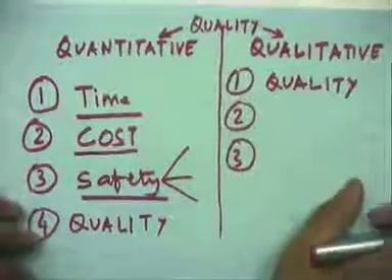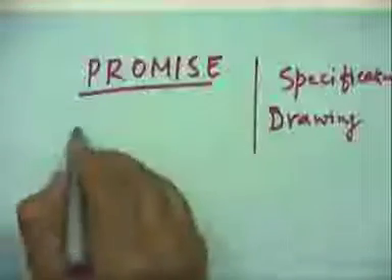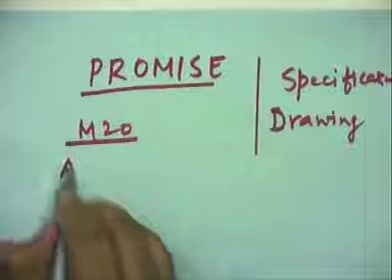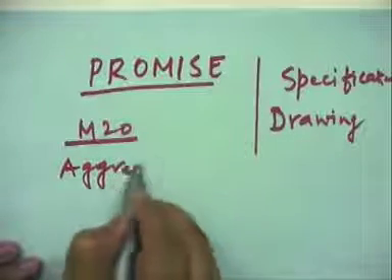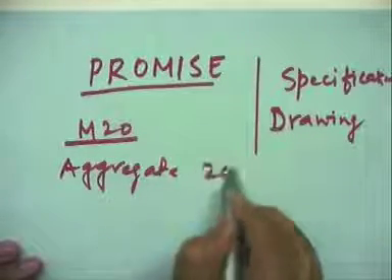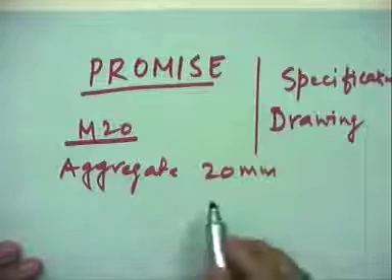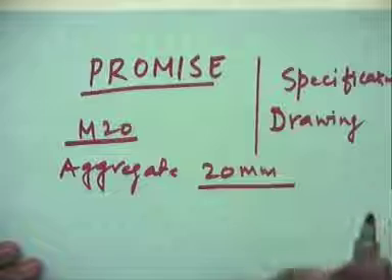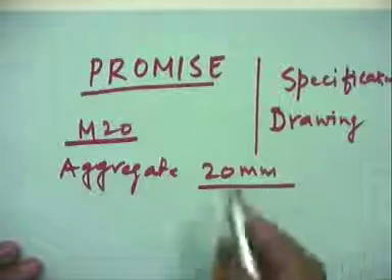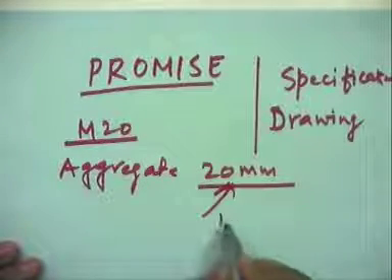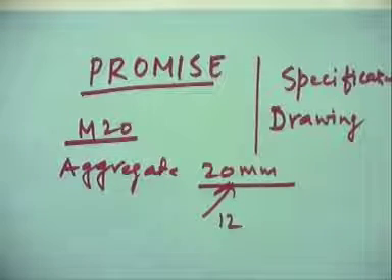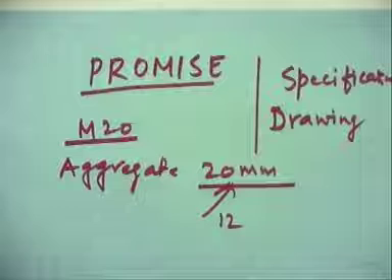Suppose you have to produce M20 grade concrete. The specification will tell you that you have to use aggregate of 20 mm size from such and such quarry. If you are doing that, you are doing a quality job. But if instead of 20 mm you are using maybe 12 mm or 40 mm, that means you are not fulfilling your promise.